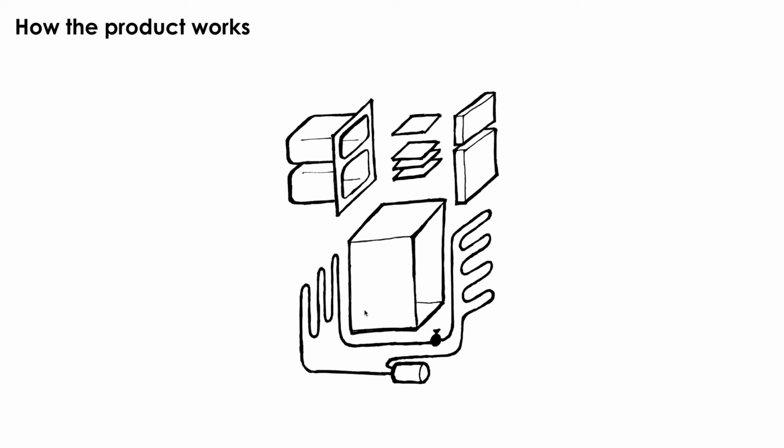So the structural case, the plastic walls inside, the doors, the shelves, the cooling coils, and the compressor, all that stuff. You might not need to include every single nut and bolt of your product, but you can go into whatever level of detail that you want. And I recommend at least the major subassemblies.